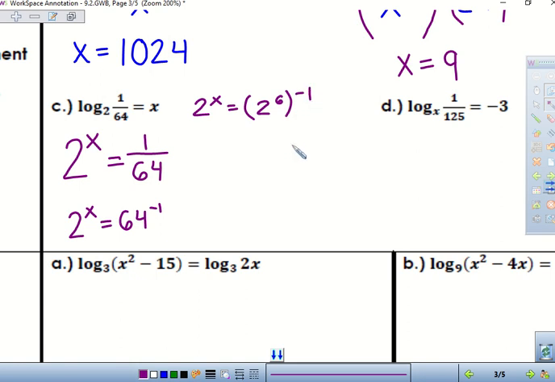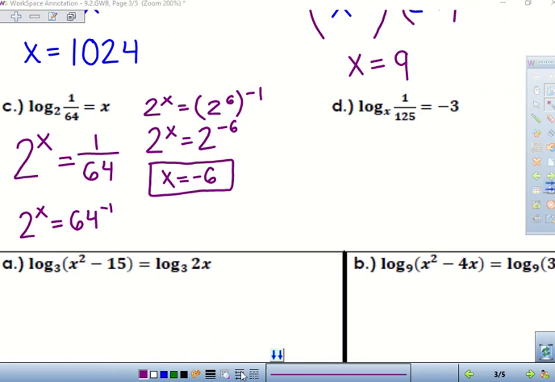So 2 to the negative 6 power is the same thing as 1 over 64. What do we know we can do when we have the same base? We can set the exponents equal and we get x equals negative 6. That's like yesterday's stuff. There is a way to do this in the calculator, which we're going to learn about on the next slide.